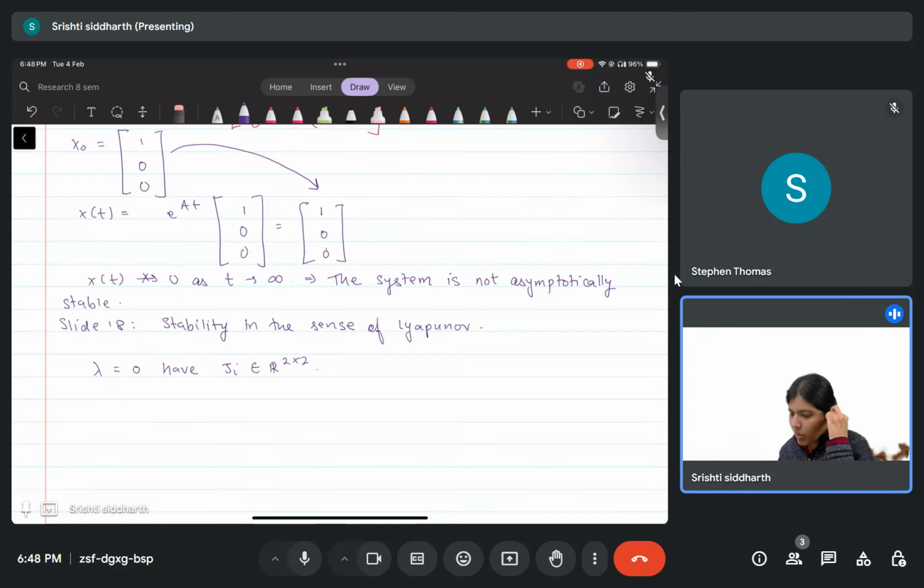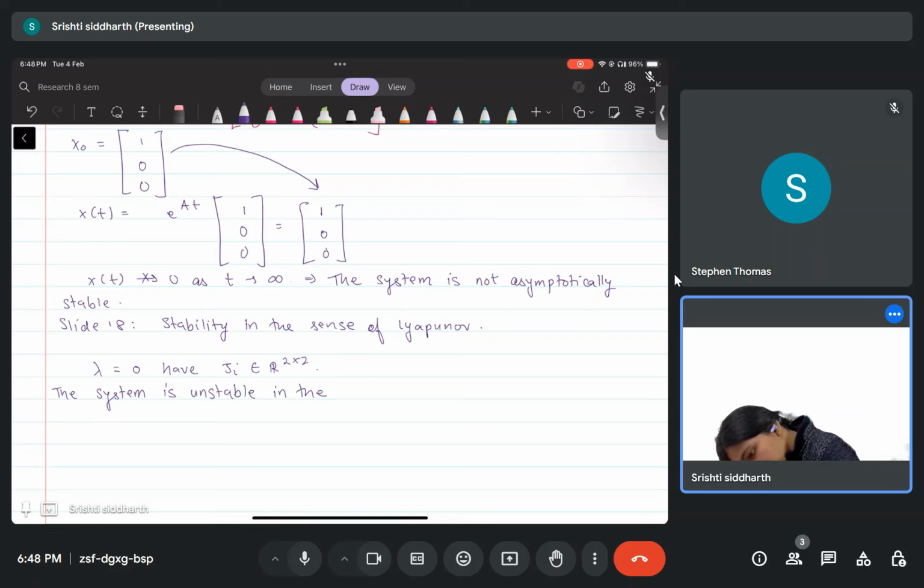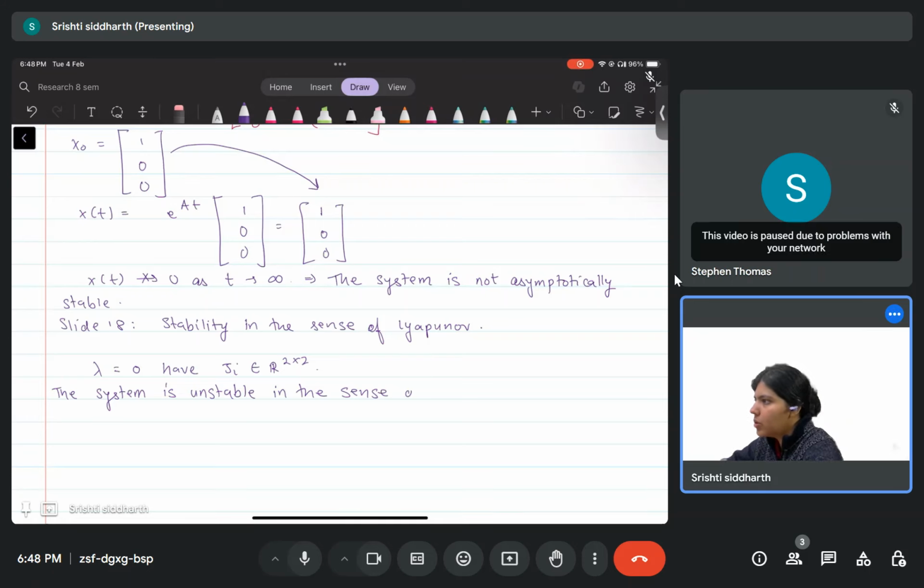Therefore, the system is not marginally stable, or the system is unstable in the sense of Lyapunov. So if this is clear, let's move on to the next question.